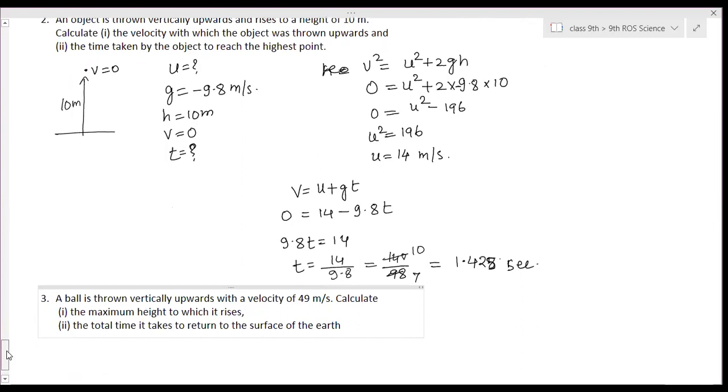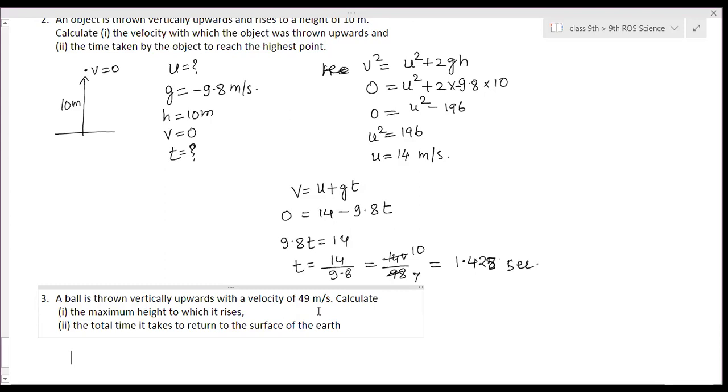Try the third question. Ma'am, here the starting velocity is 49.